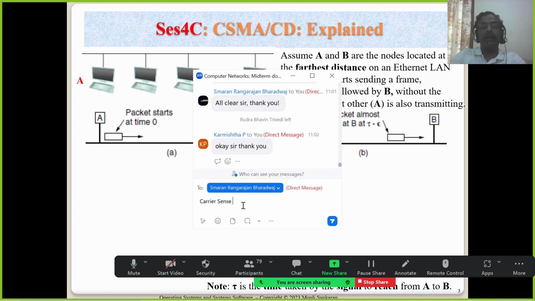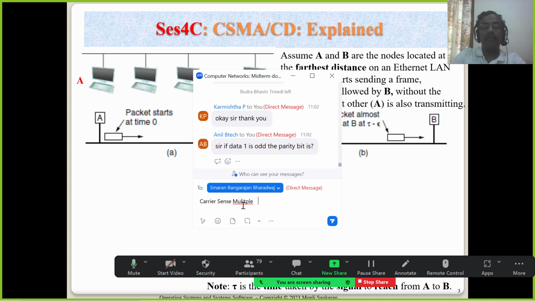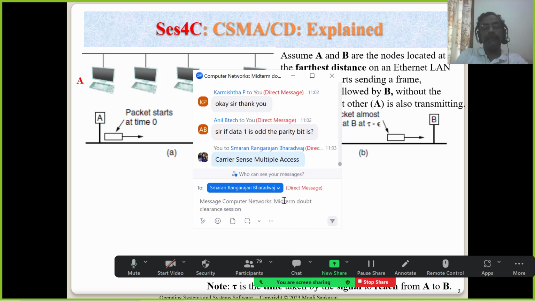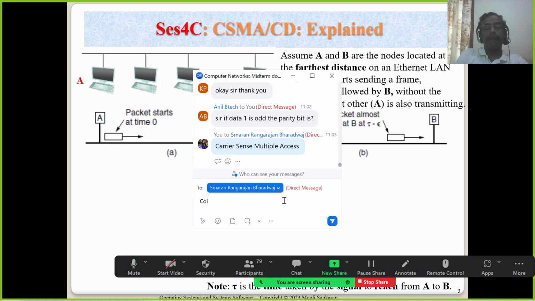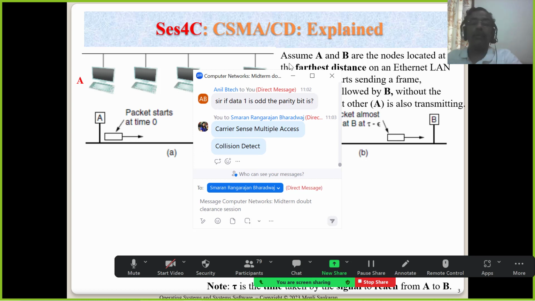Carrier sense multiple access, CSMA. Okay, and then what is CD? It's collision detection. Very good.